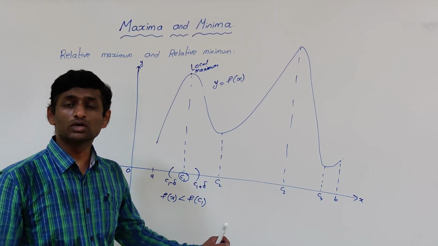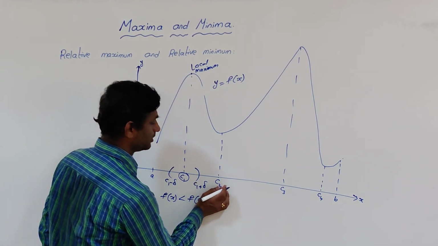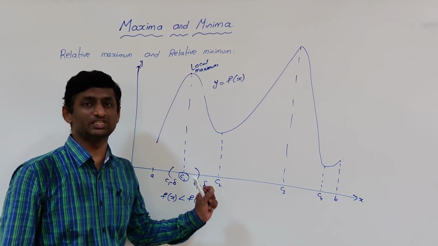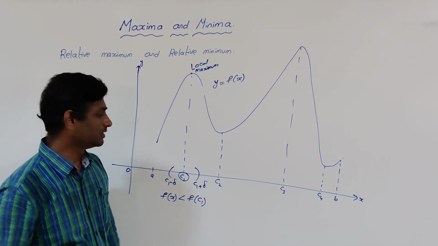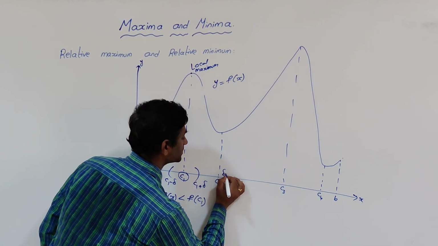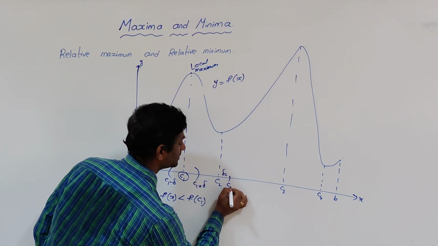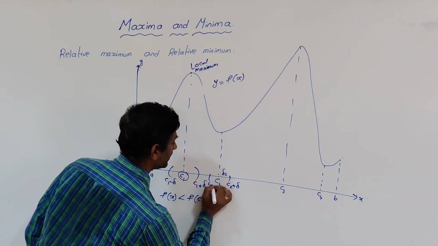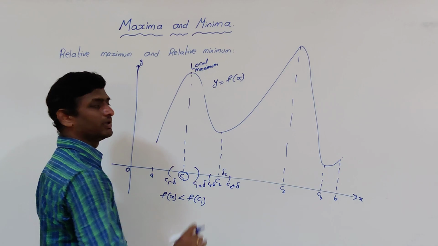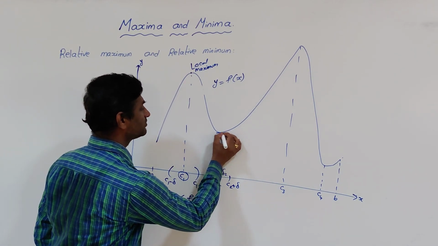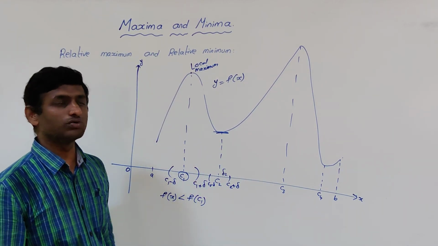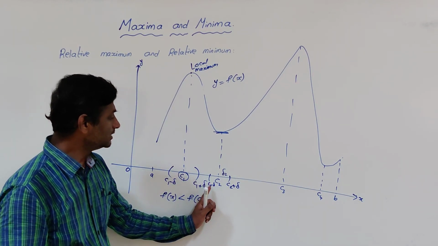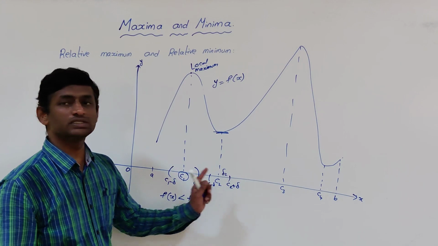Coming to the local minimum, again if you take a small neighborhood of c2, a small interval with some delta 2 distance, so this will be c2 plus delta and this will be c2 minus delta. In this interval, f(c2) will be the least value compared to all the values in the interval c2 minus delta, c2 plus delta.